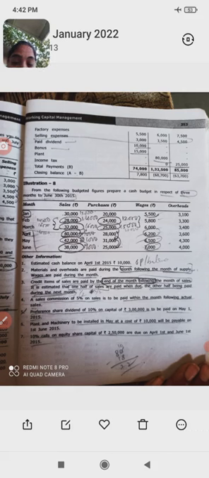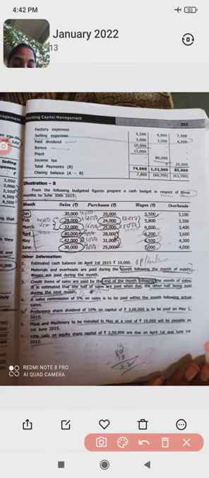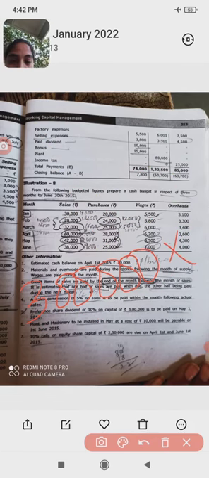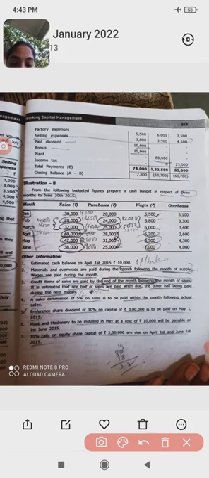Let's calculate. 3 lakhs into 10% is 30,000. Did you get it? Yes, 30,000 is your preference share dividend.